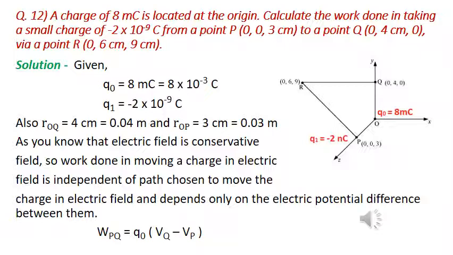So the work done will be unaffected by taking the point charge -2 into 10 to the power minus 9 coulomb from P to Q directly, or from P to R, then from R to Q. So work done can be written as WPQ is equal to Q naught times VQ minus VP.